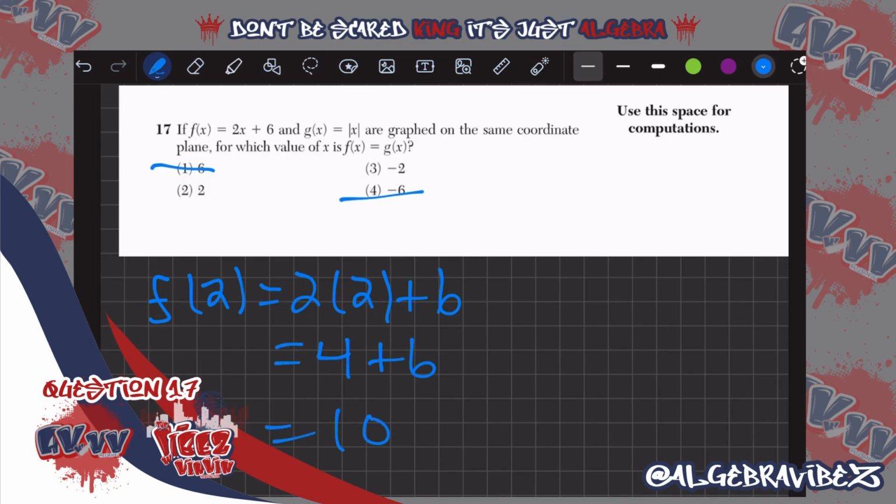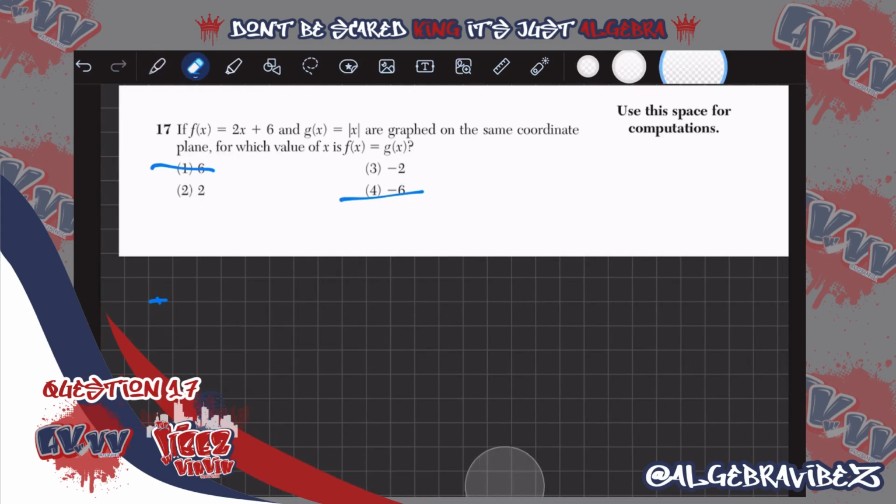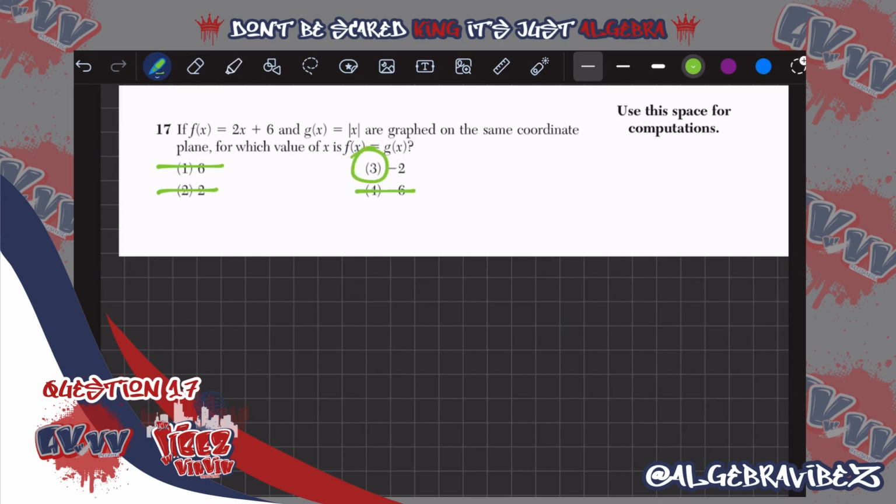The absolute value of a number is equal to the negative value or the opposite value. So if we plug in 2 there, it's not going to equal 10. So that leaves us with our answer of 3. But I'm going to go ahead and actually do the math on that one so that you can see. So we got rid of 1, we got rid of 4, and we got rid of 2. Our answer is 3.